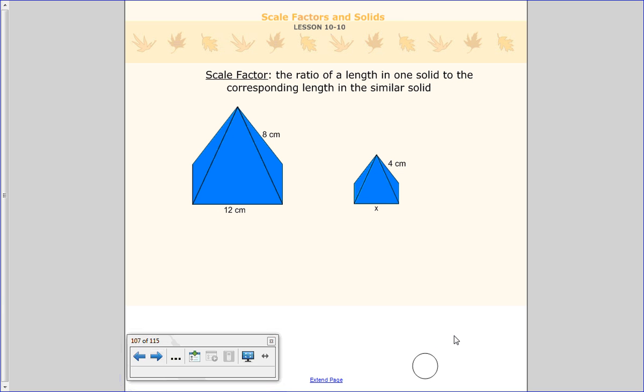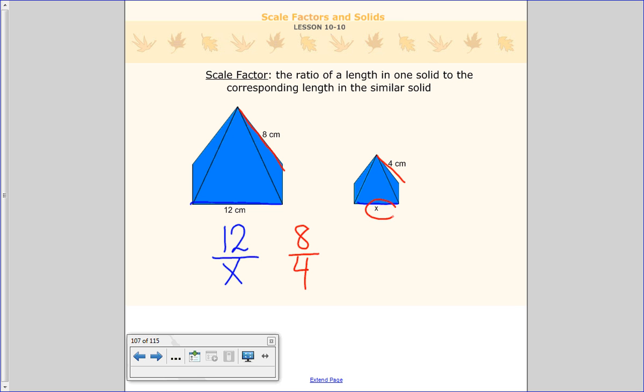to find a missing number. So, for example, here, I could look and say, well, this pyramid has a length of 12 centimeters. And on the other one, the one that corresponds to it is x. So that is that ratio, 12 over x. I could also do the same here and say, well, the height of this one is 8. Well, corresponding to it is the one of 4.